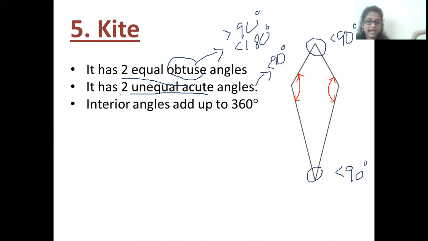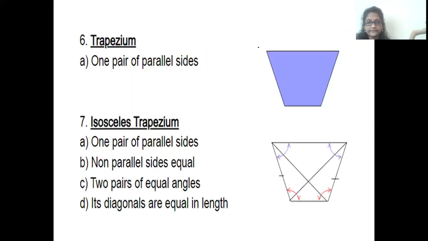Okay, and the next one is the trapezium, where we can have one pair of parallel lines. Okay, so these two are parallel to each other. And the next one is the isosceles trapezium, where two sides are equal. So these two sides are equal, and also two pairs of angles.